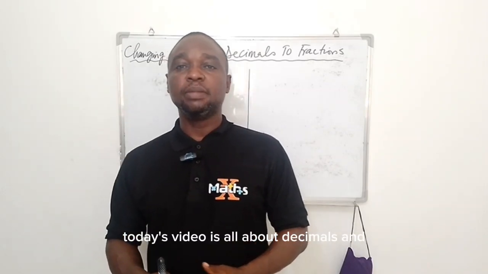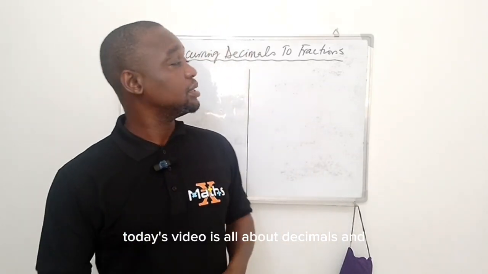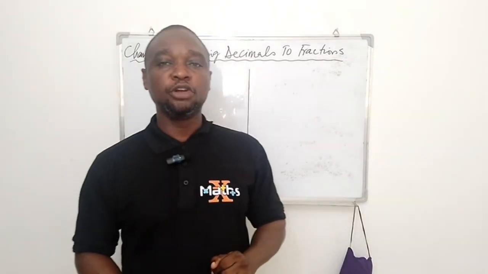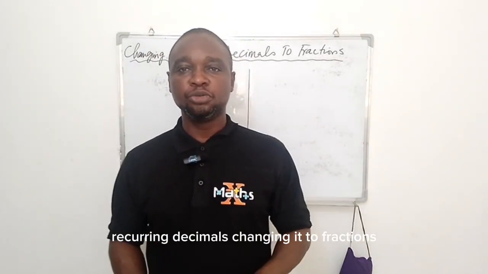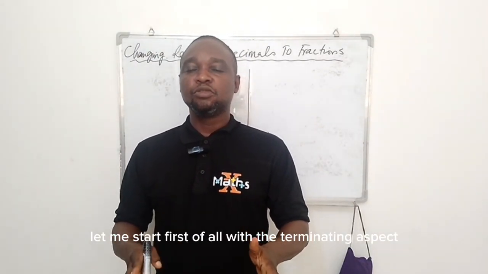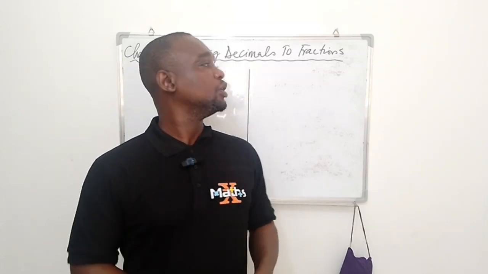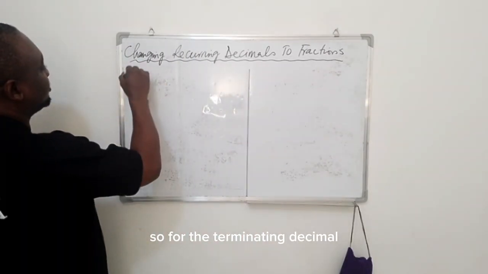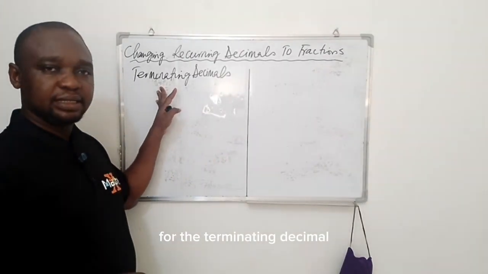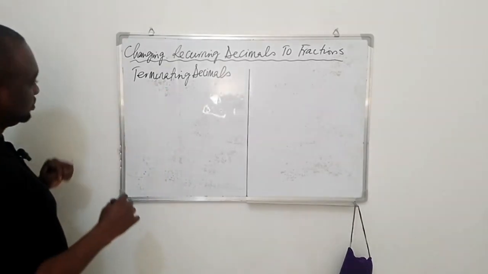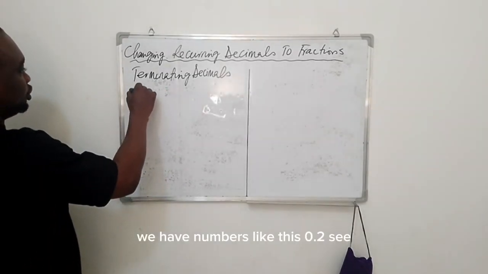Today's video is all about recurring decimals, changing them to fractions. Let me start first of all with the terminating aspect. For the terminating decimal, we have numbers like 0.2.